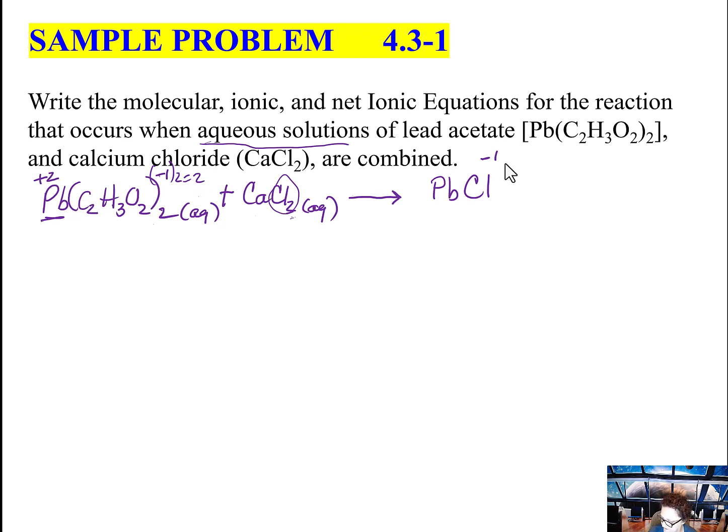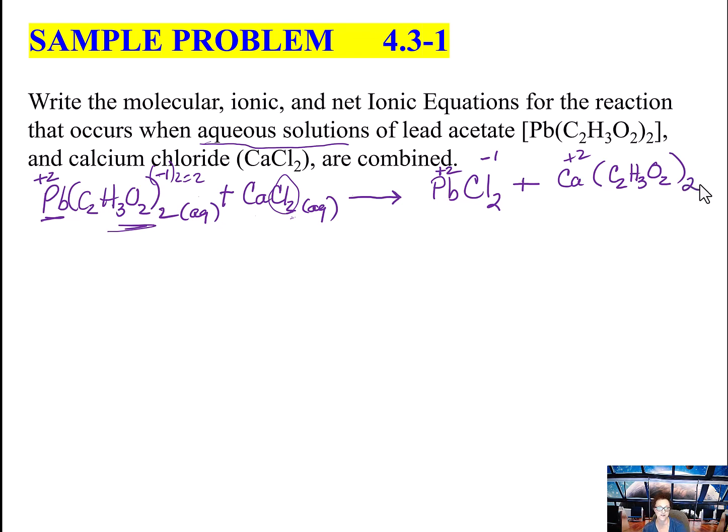So I know this is a -1, this is a +2, so it's got to be PbCl2. Then I'm going to swap the other one, the calcium, with the acetate. Calcium's a +2. We know from the previous reaction that acetate is a -1, so there's going to have to be 2 of those in that as well.